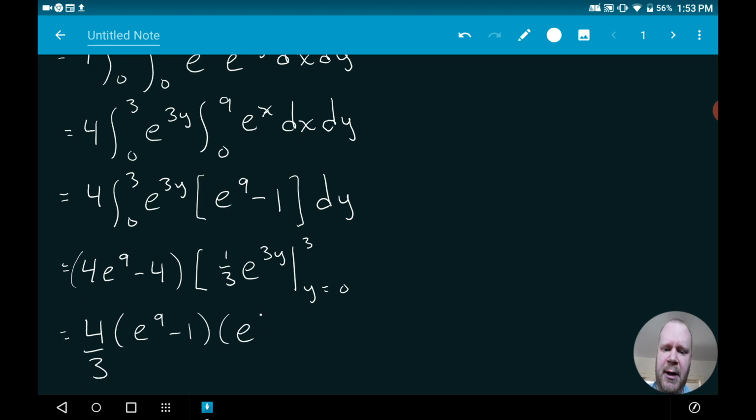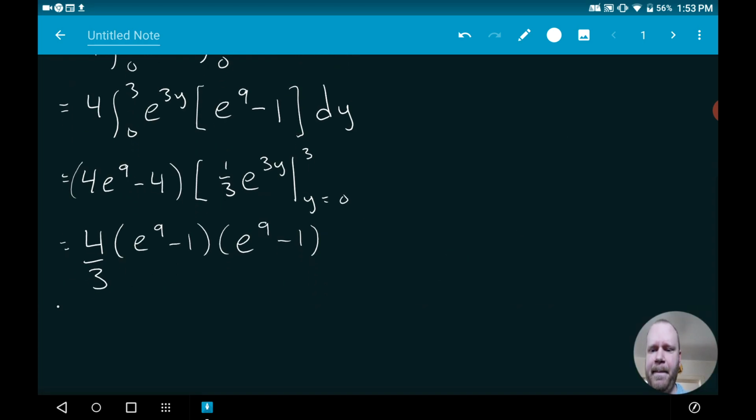So that's going to be e to the 9th minus 1. So I think the simplest form that I can think of for this is that. WebAssign should accept that, and I would accept that too, certainly.